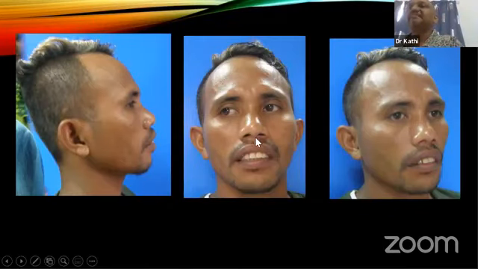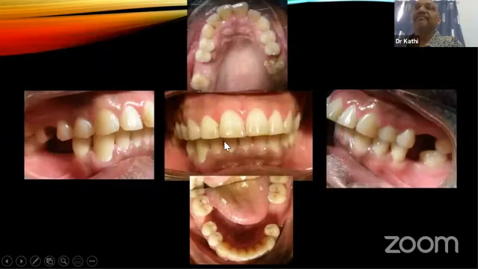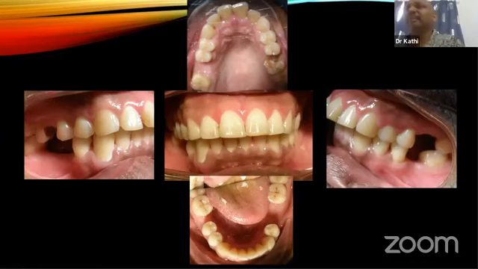This guy has some vertical maxillary excess, but is also class 2. You can see this incisor is more upright. Compared to the earlier patient, who had a proclined upper incisor, this incisor is more upright, and when the incisor is more upright and your maxilla is forward, you have to be more careful, because it's easier to tip the incisors to camouflage the situation than to move the teeth bodily to camouflage the protrusive maxilla.